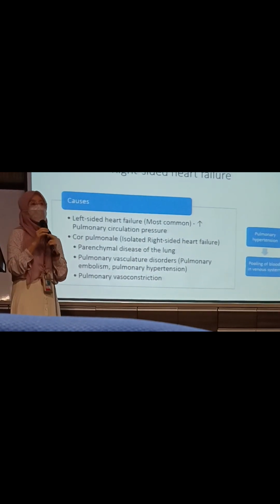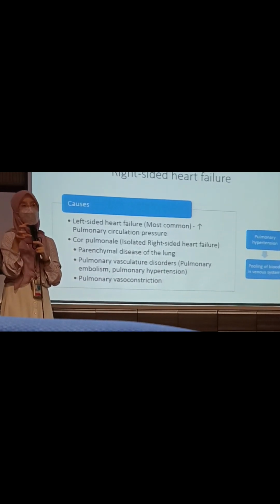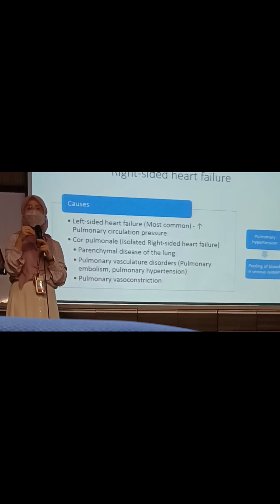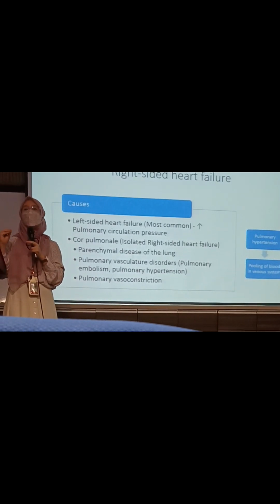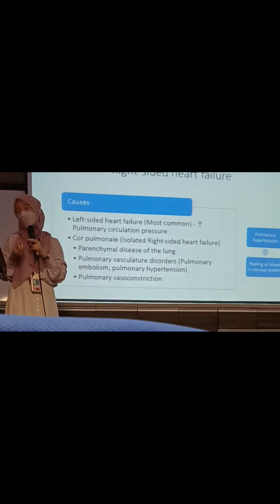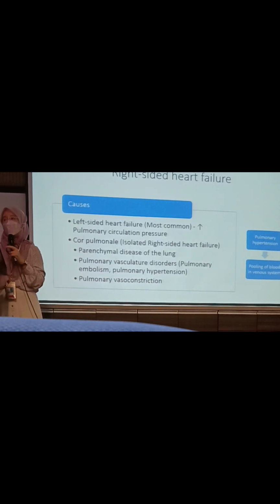Okay. Other than that, primary pulmonary pathology can cause isolated right-sided heart failure. It means it affects the right side only. For example, parenchymal disease of the lung, increase in pulmonary vascular tension, meaning pulmonary hypertension, or pulmonary embolism or pulmonary vasoconstriction.